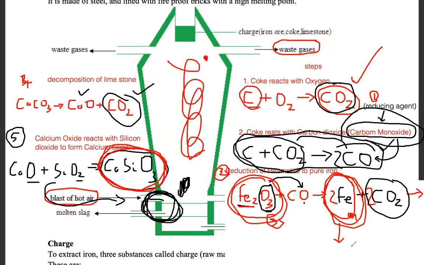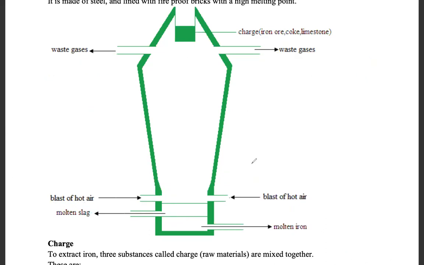But we need to understand that this molten iron is heavier and therefore it will sink at the bottom of the blast furnace. Then the molten slag, calcium silicate, which is lighter, will sit above it. So this is calcium silicate, and this is molten iron. Then this is extracted, and that is also extracted.